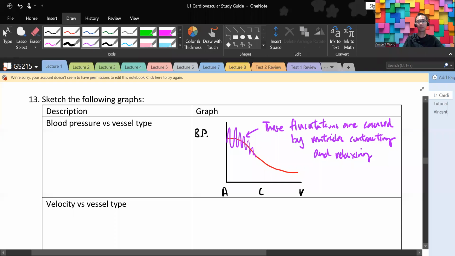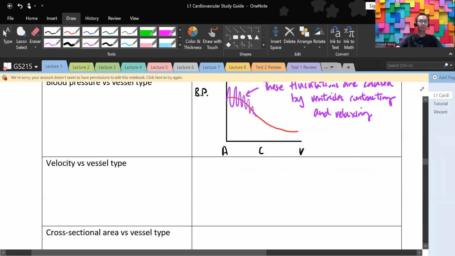So when the ventricle contracts, the blood pressure goes up. When it relaxes, it comes down. But eventually, when you get far enough from the heart, the blood pressure will not be affected by the contractions or relaxation anymore.